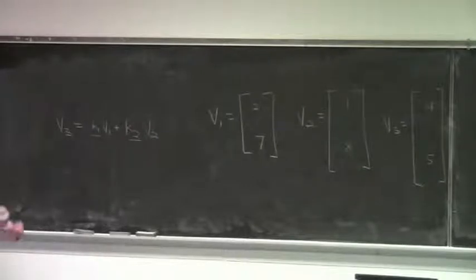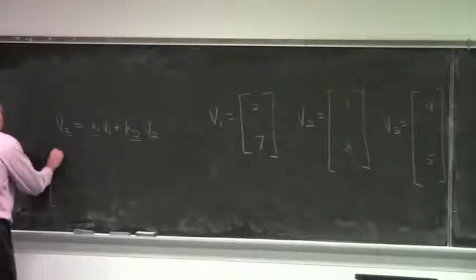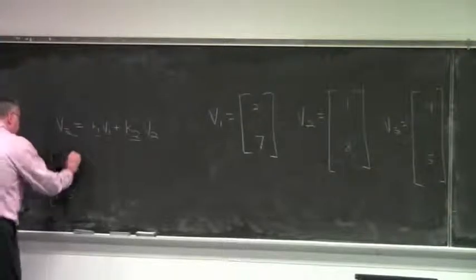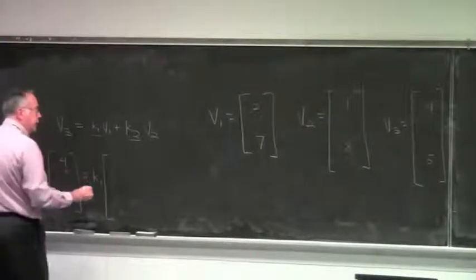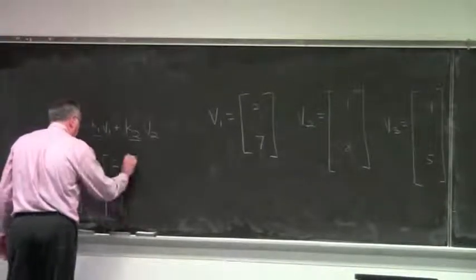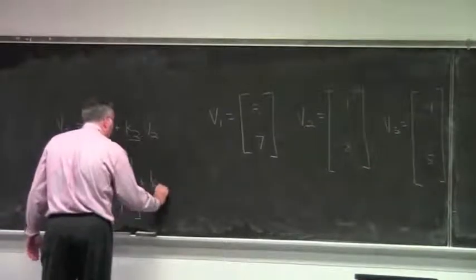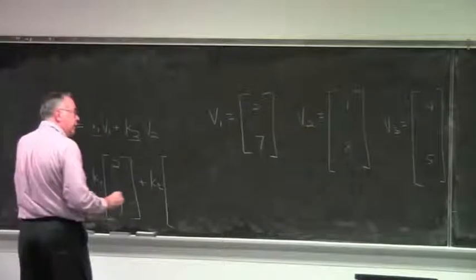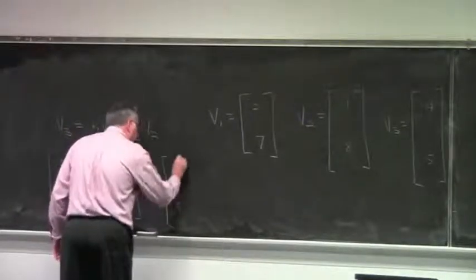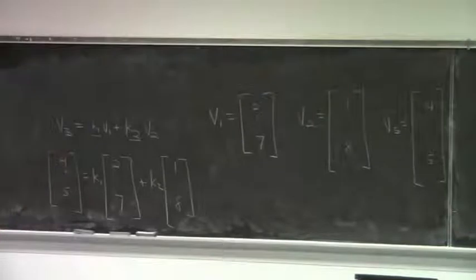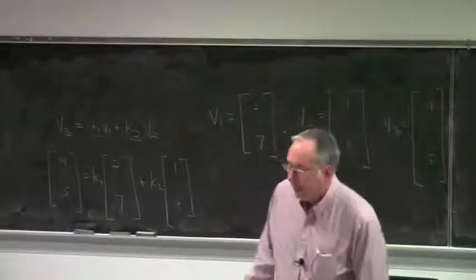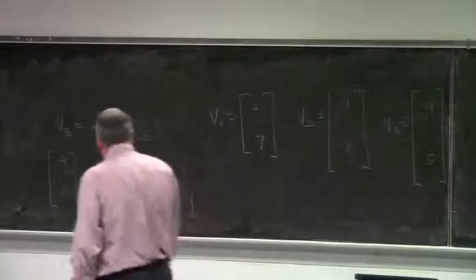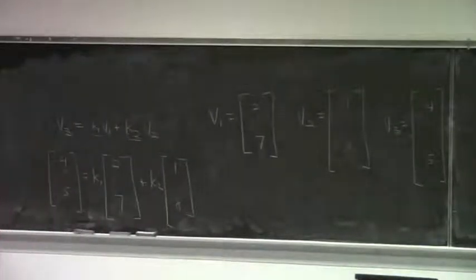Notice v3 is this, 4, 5, isn't it? And v1 is this. v2 is this. Can you find whole numbers, and the book is kind, they're actually whole numbers. They wouldn't have to be, but in this example they are. Can you find whole numbers for k1 and k2 that'll make this statement true?